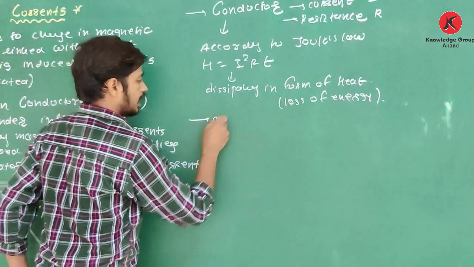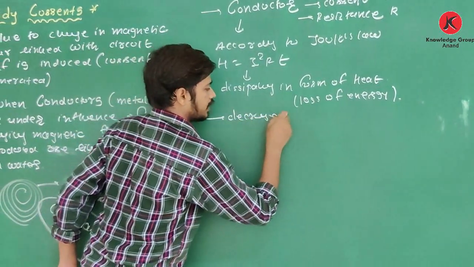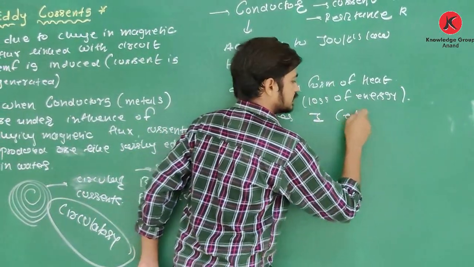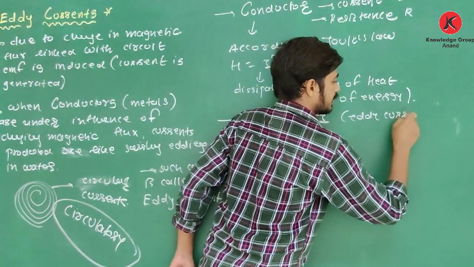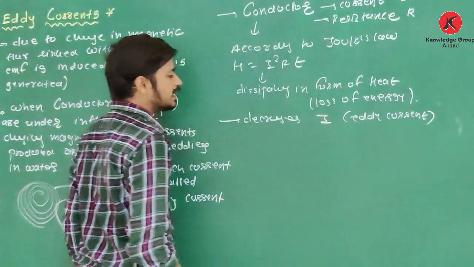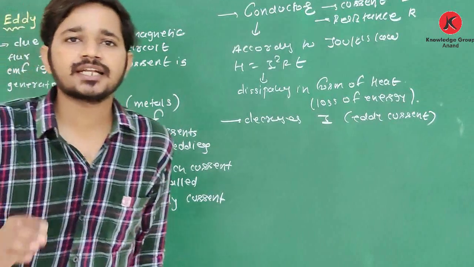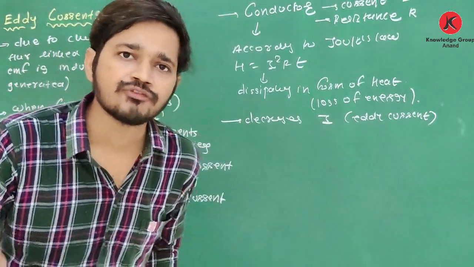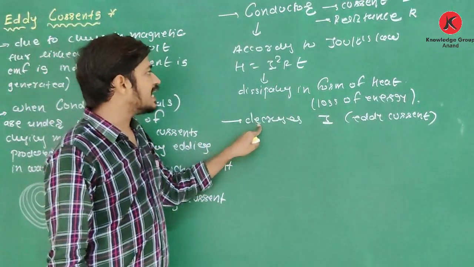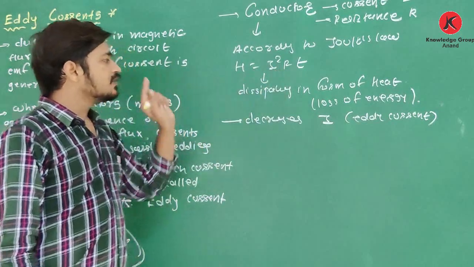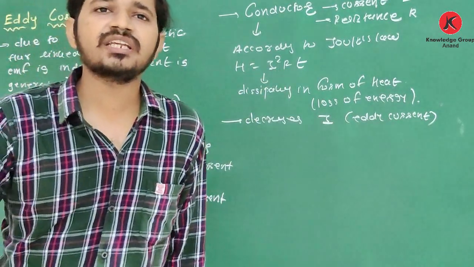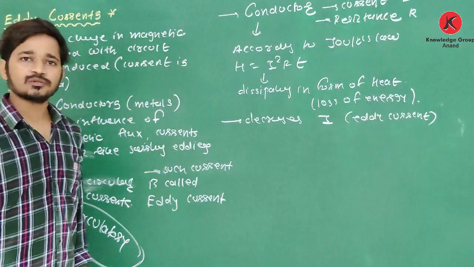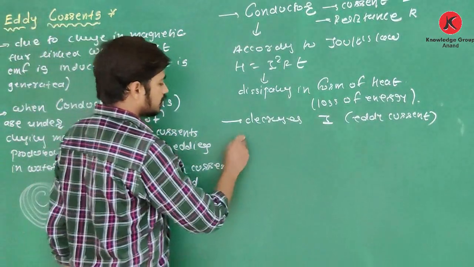We have to decrease I, that is eddy current. We have to minimize the effect of eddy current. If we decrease I, according to I square RT, the energy dissipating in the form of heat decreases.